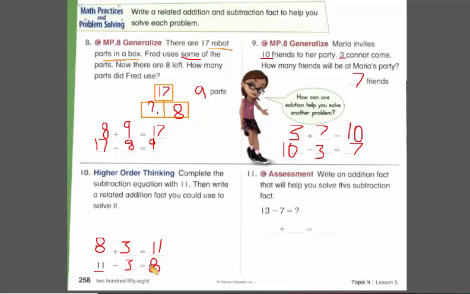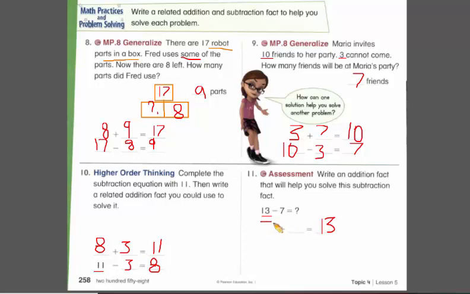Clear? Last one. Write an addition fact that will help you to solve this subtraction fact: 13 minus 7. We know here in subtraction, we start with the whole. The whole in the subtraction equation is the sum in the addition equation. Then, what is the part I know?